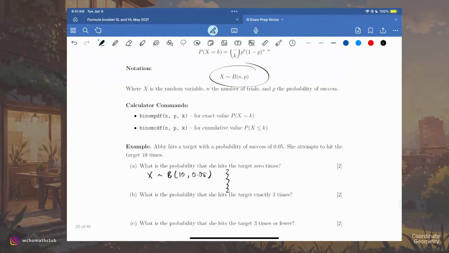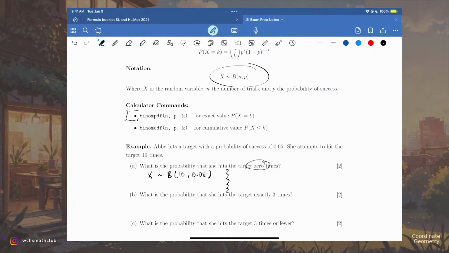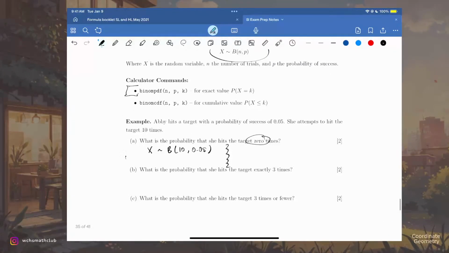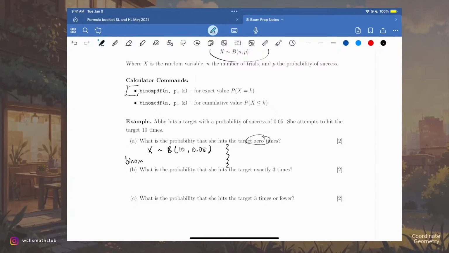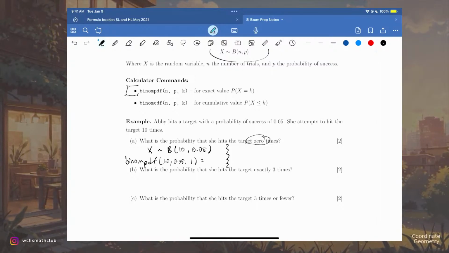Now I know on the TI-84, if it says hits the specific target exactly 0 times, you would use the binomial PDF, probability density function command, because you're only doing one specific value. So you're going to do binompdf, and then 10, 0.05.